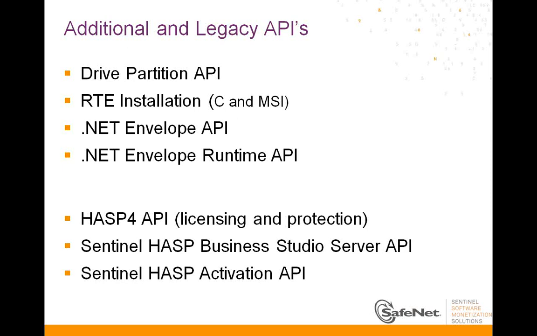This is basically accomplished by employing a feature of the .NET framework called custom attributes. The .NET Envelope API provides custom attributes that simplify the overall protection process. The .NET Envelope Runtime API helps implement secure license management using Sentinel .NET Envelope, where methods are encrypted using an AES key of a specific feature ID.